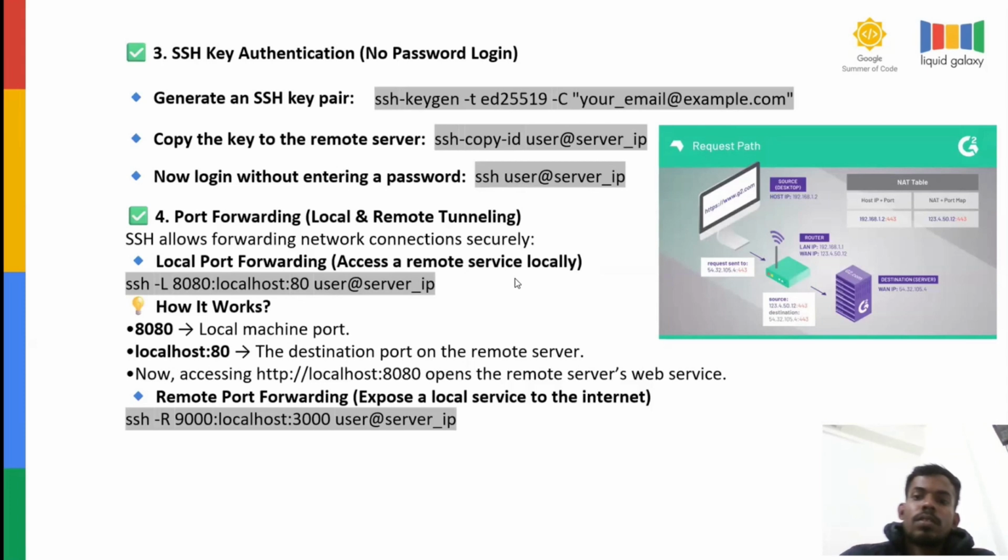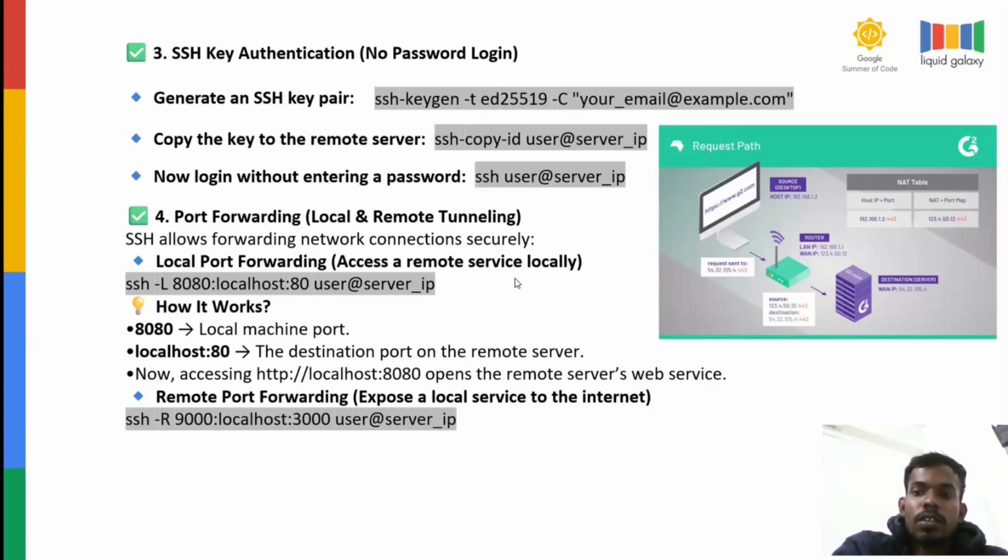Instead of using a password, key authentication provides a more secure way to access a remote server. It works with two keys. The first one is a public key, which is stored on the server, and the second one is a private key, which is kept on our device.